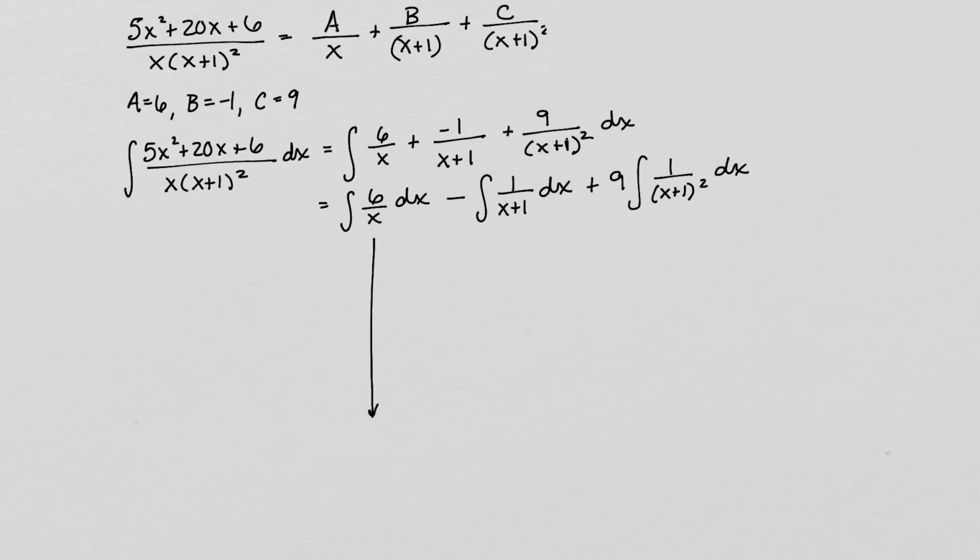So this first one ends up being 6 natural log absolute value of x. This second integral here ends up being minus the natural log of the absolute value of x plus 1 using my trick. But now I have to use substitution on that next integral.